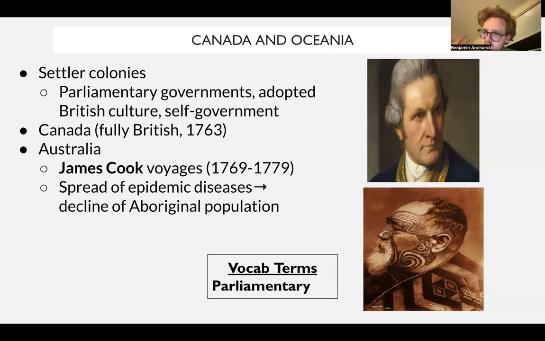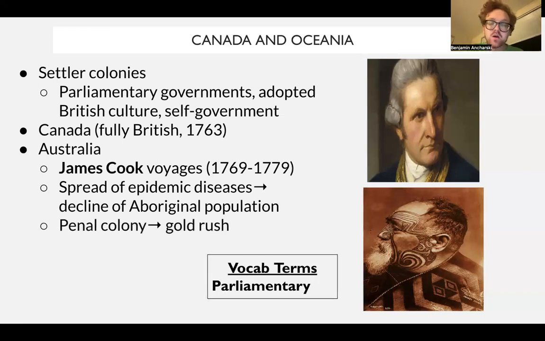Because of this exposure to diseases in places like Australia, we see a decline in the indigenous population, much like we did in the Americas. Horrible, horrible consequences, but that is why it's most similar to the Americas. But Australia is a good example of a white dominion colony.